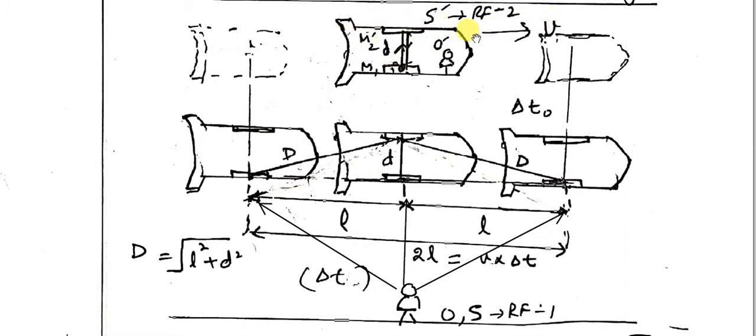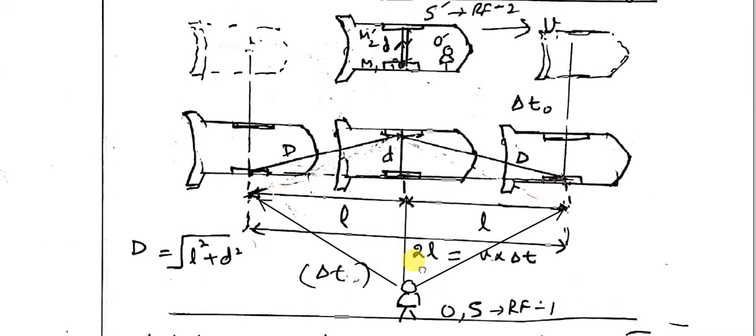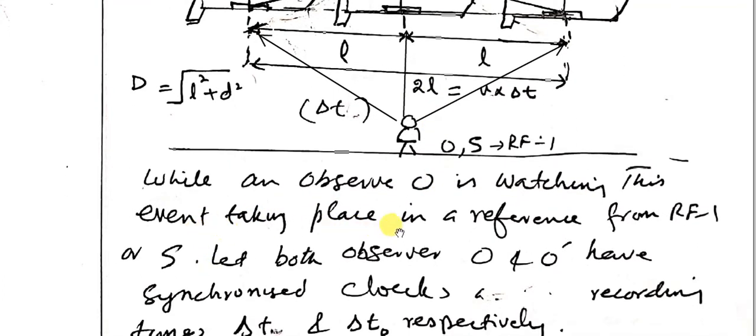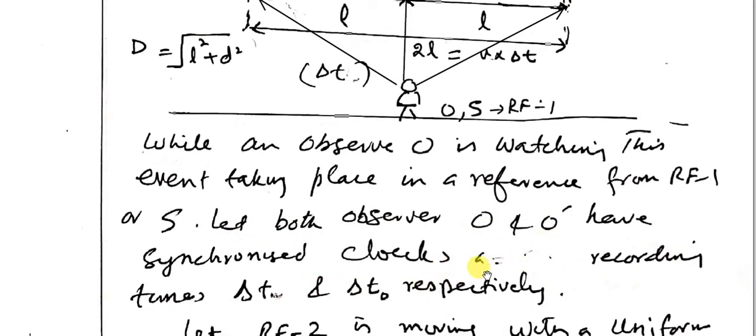So while the observer O is watching this event in reference frame 1 or S, let both observers, O and O prime, have synchronized clocks recording the times delta t and delta t naught respectively.